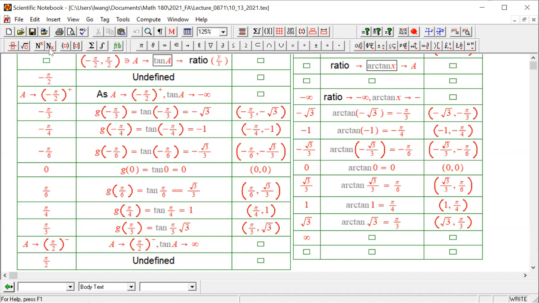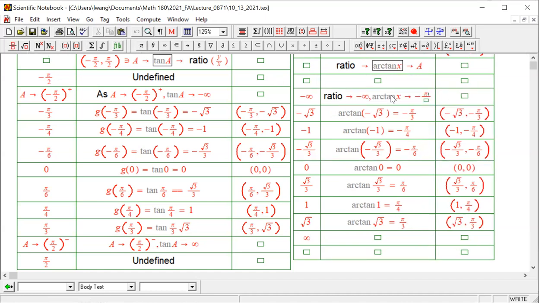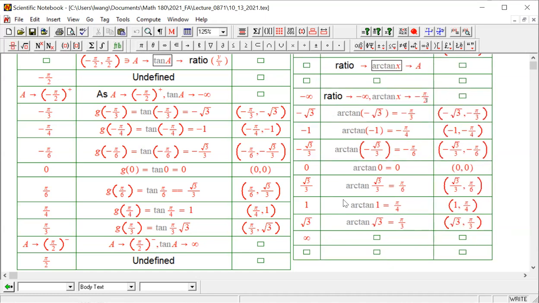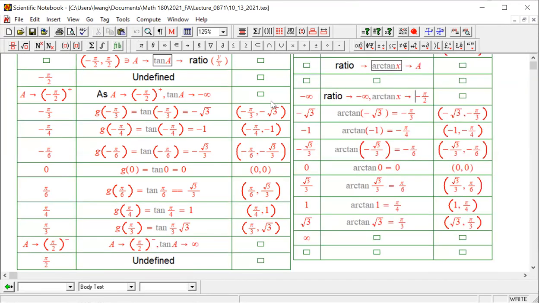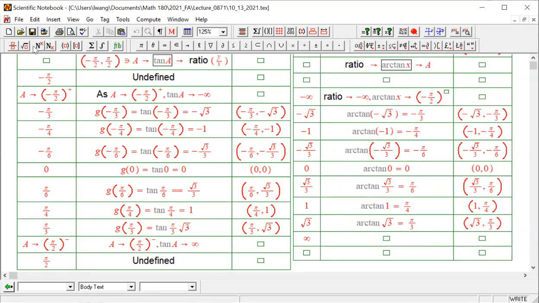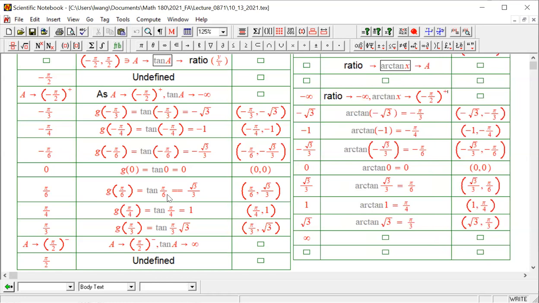I'm sorry, negative pi over 2. So it's reversed. Do you guys see that? Negative pi over 2 is larger than pi over 2. Whoops. Do you see that reversal?